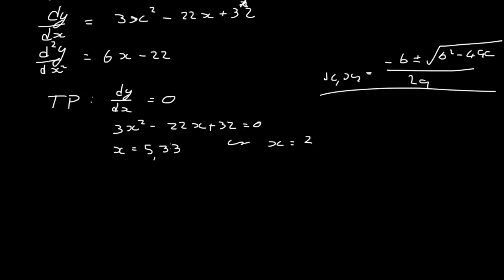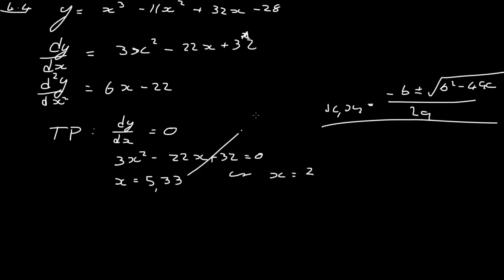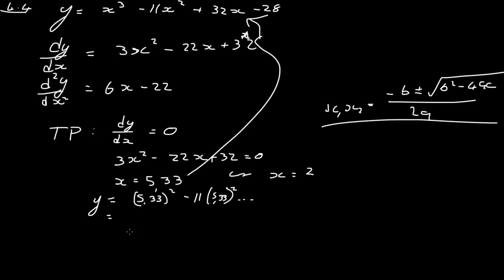Then we've just got to get our corresponding y points. We substitute these x values back into the original equation. So y equals 5.33 cubed minus 11 times 5.33 squared plus 32 times 5.33 minus 28, and our corresponding y point is minus 18.51.